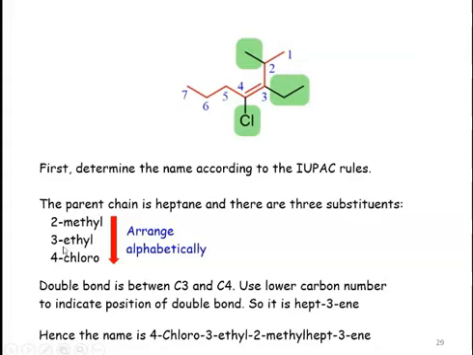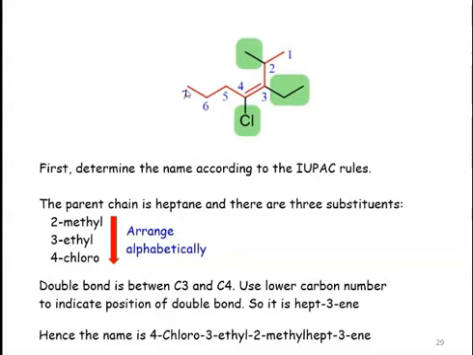What is the next thing in the alphabetical sequential list? 3-ethyl. That's 4-chloro, 3-ethyl, followed by 2-methyl. And what alkene is it? Because there are 7 carbons, a 7-carbon unit is called hept. 7 carbons are denoted by the term hept.